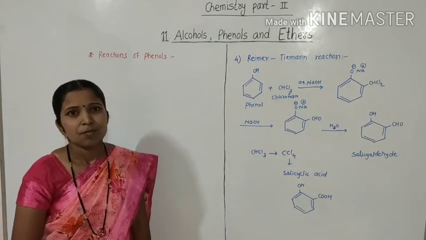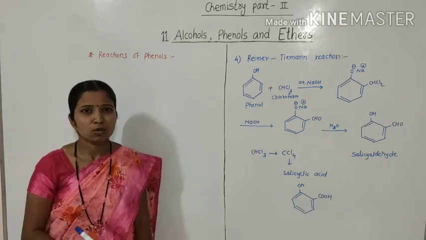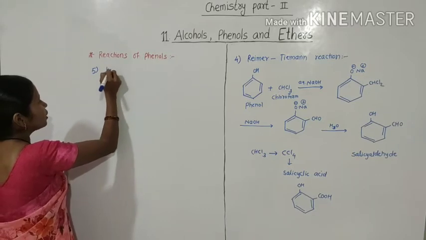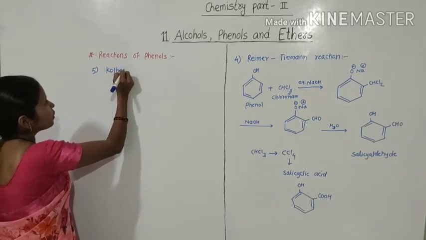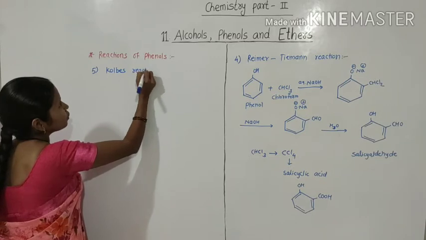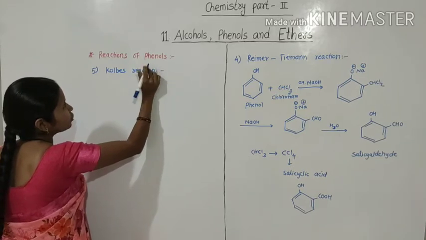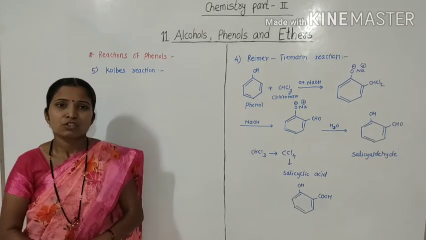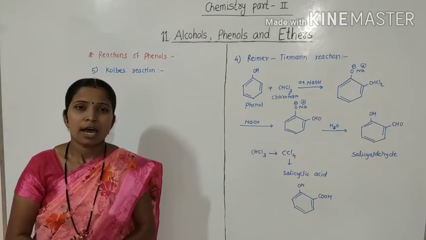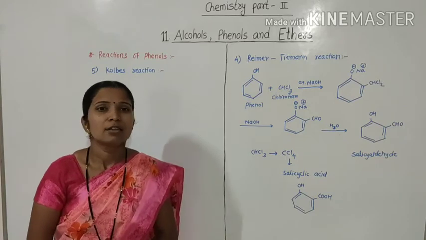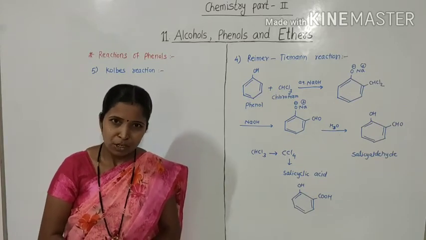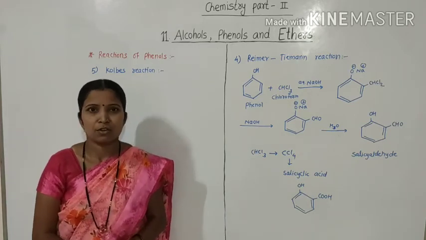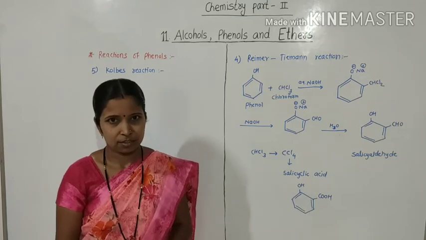Our fifth reaction of phenol is Kolbe's reaction. In this reaction, sodium phenoxide is treated with carbon dioxide at 398 Kelvin and a pressure of 6 atmospheres, followed by acid hydrolysis to form salicylic acid.